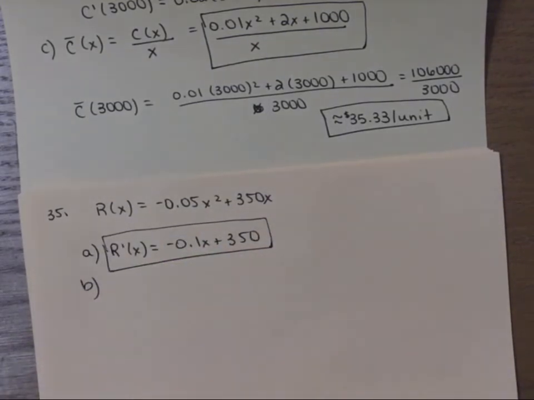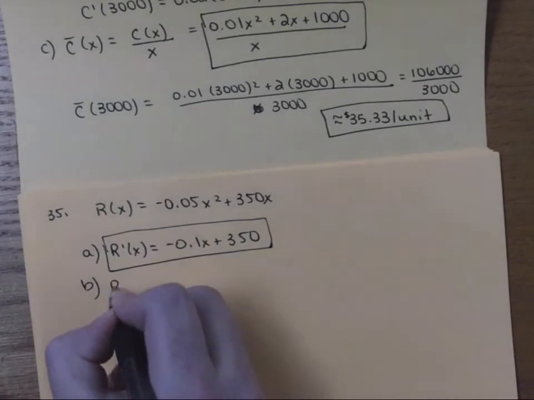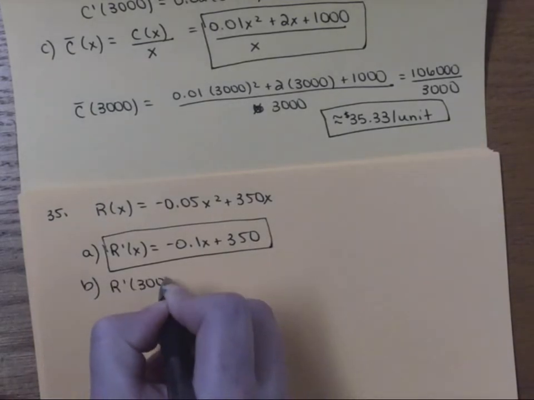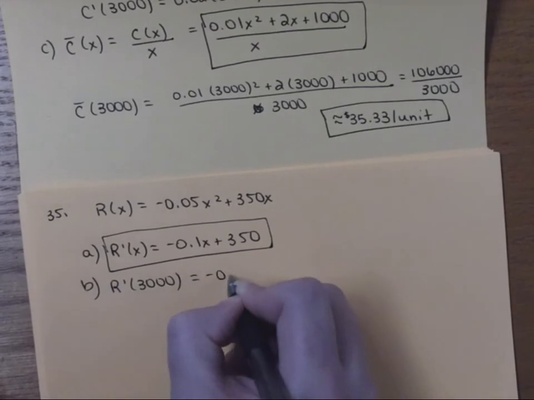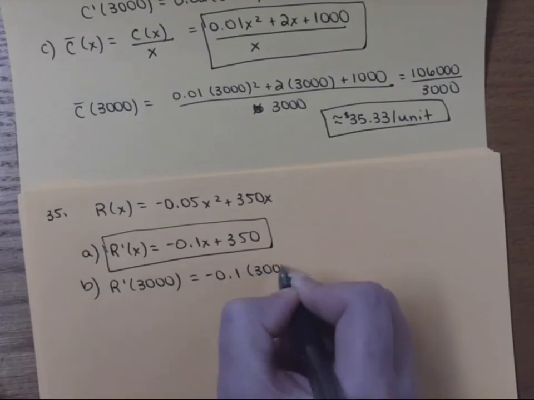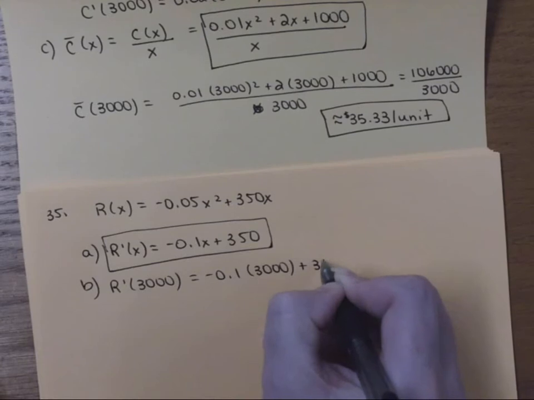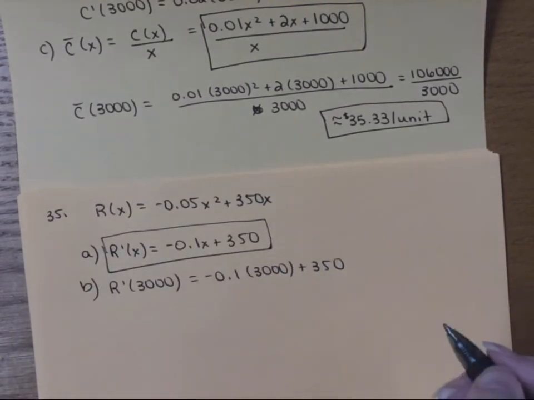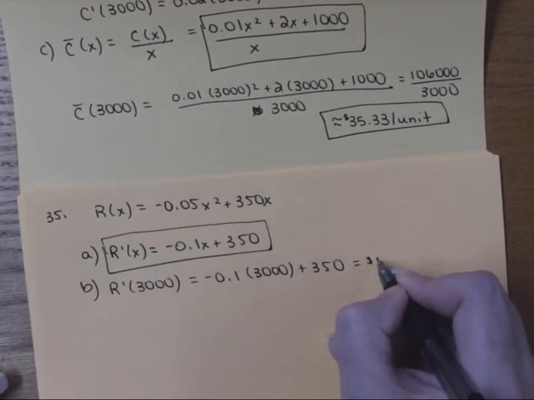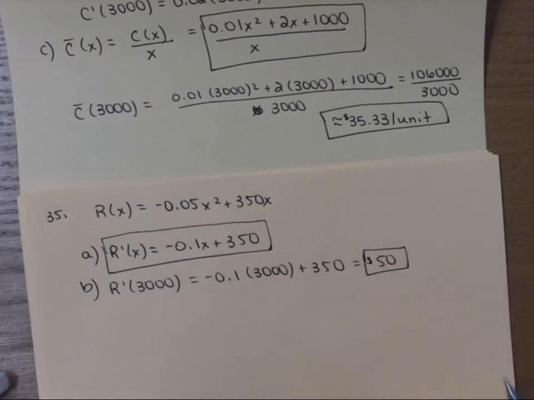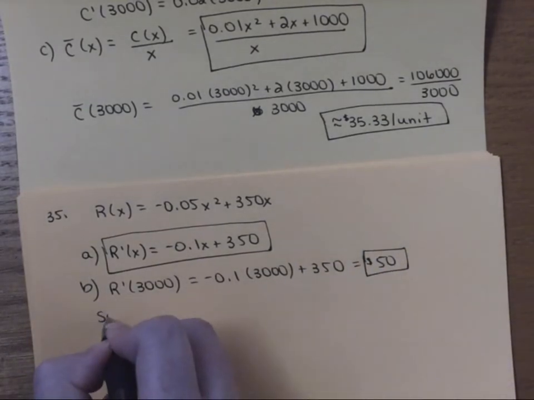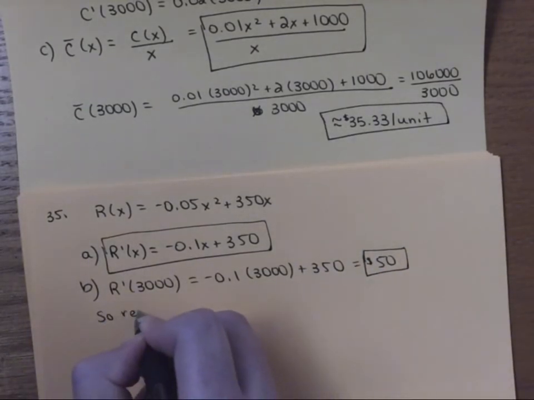Part B says to compute R prime of 3,000, and then briefly interpret your result. So I'm not looking for paragraphs when I ask you for that, just FYI. I'm looking for you to just tell me briefly what's going on there. So notice we get $50. Okay, so remember, marginal means the next item, right?